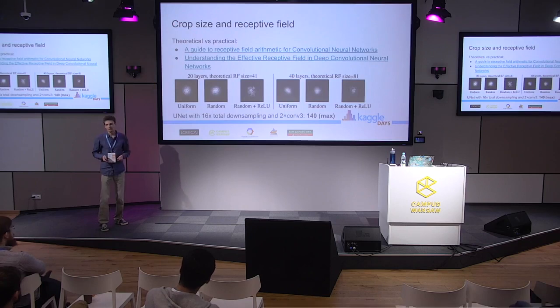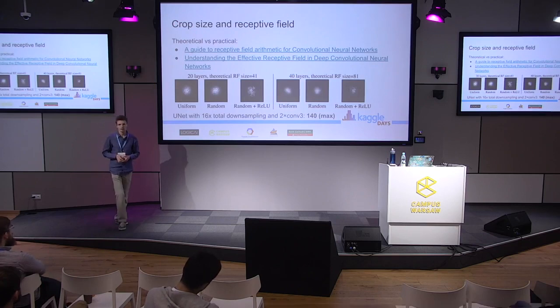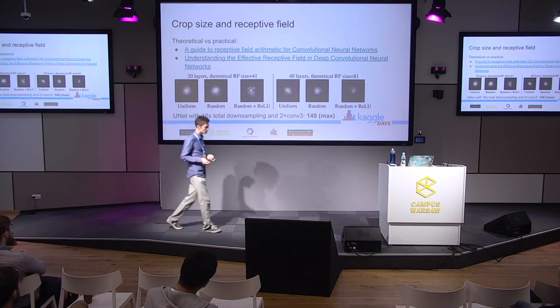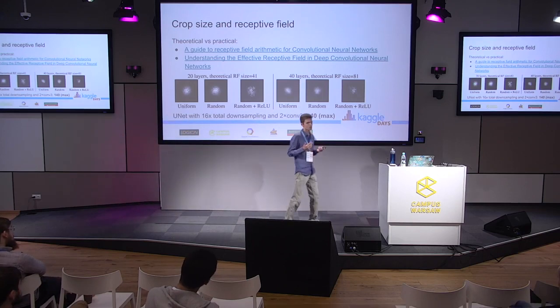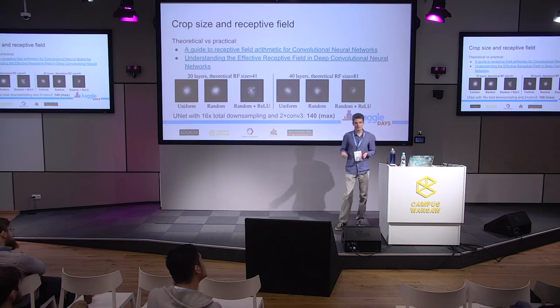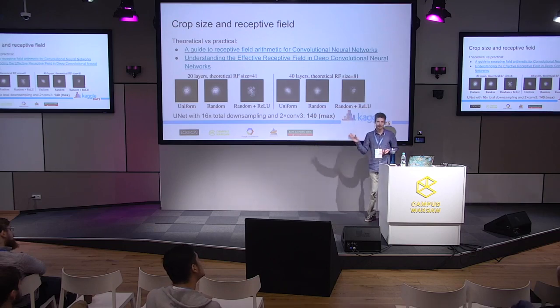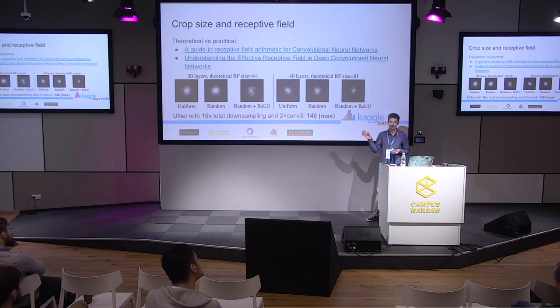Okay, an interesting question is the crop size. As we said, we're using fixed size crops. But which crop size do we choose? There is a thing called the receptive field. For example, if we have a 3 by 3 convolution, then everything outside of these 3 pixels does not influence the result in this pixel.